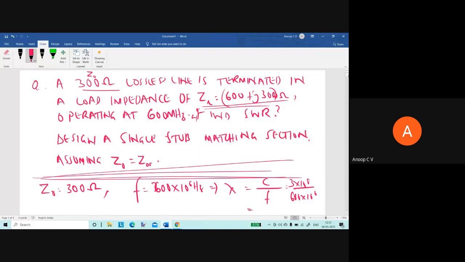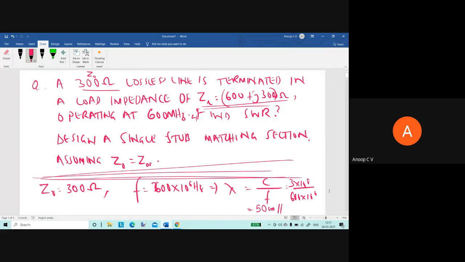So can anyone tell me what is lambda? 3 into 10 power 8 divided by 600 into 10 power 6, is it 0.5 meter, or 50 centimeter? Can anyone tell me?